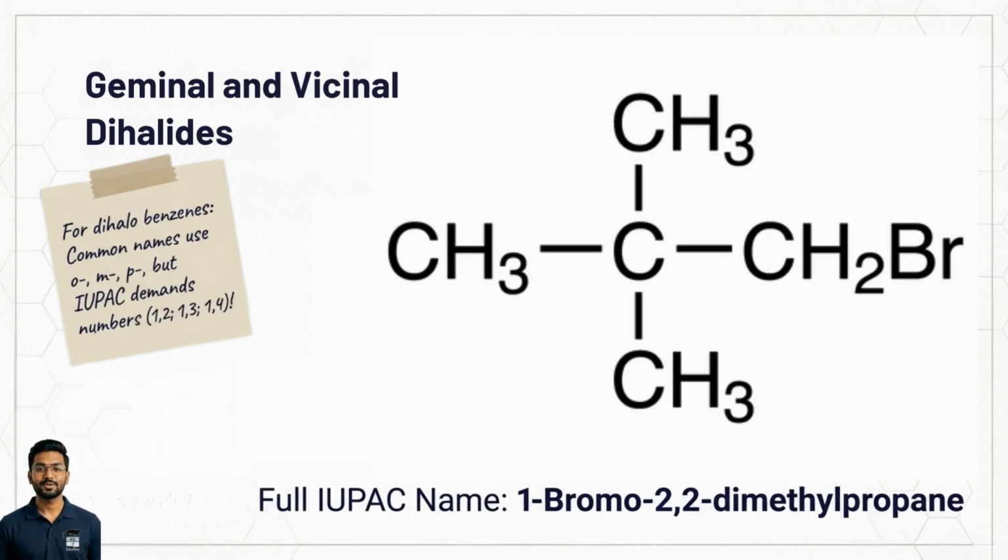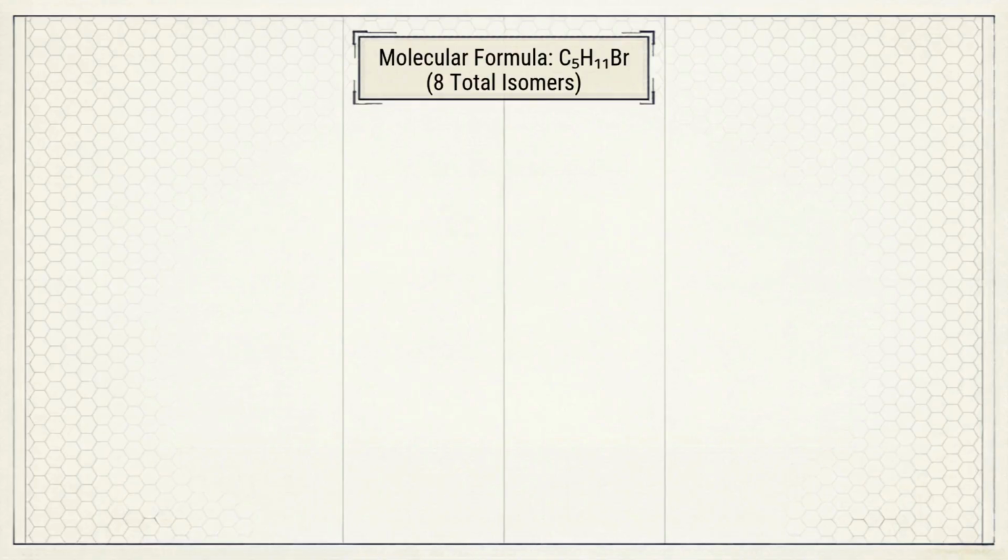Here's a trap you need to be aware of. Do not start from the halogen and guess the name casually. Build the parent chain first, then attach the branches. For a formula like C5H11Br, systematic thinking beats guessing. You first look at the possible carbon skeletons, then place the halogen in all non-equivalent positions.